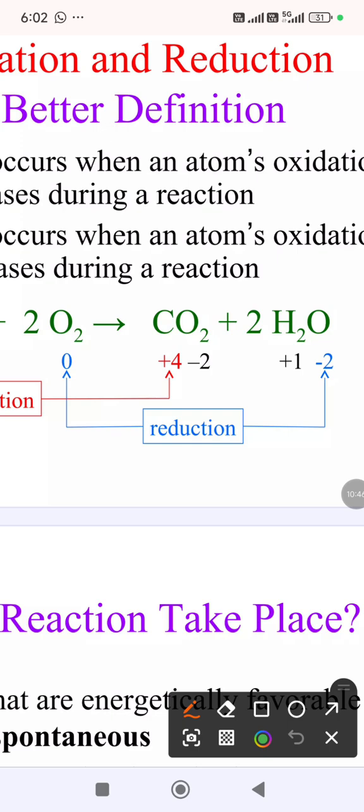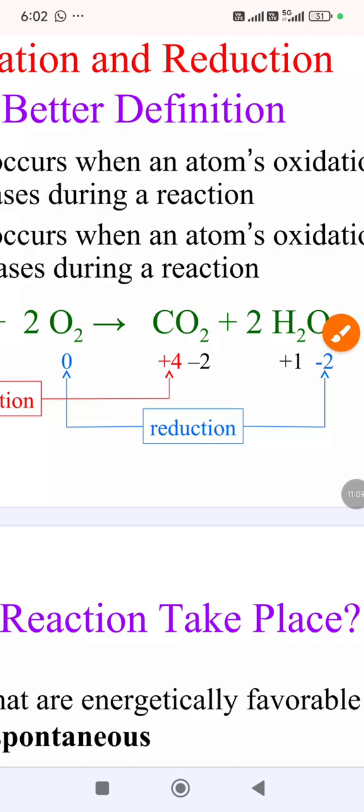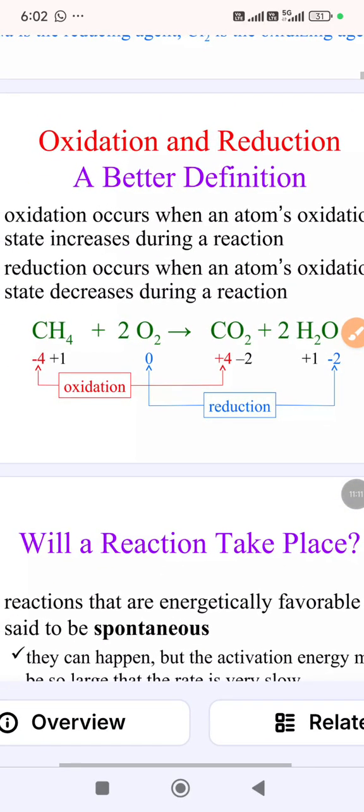Let us take one example of reduction also from the same reaction. The oxidation state of oxygen is 0. But you can see it changed to -2 on the product side after the reaction. Means the oxidation state is reduced. So such a process is called reduction. So now we can study this reaction in terms of oxidation and reduction, that is, a redox reaction.